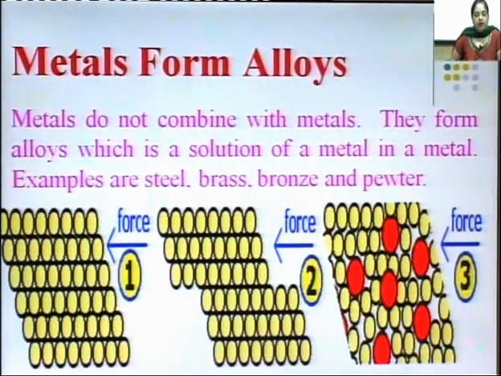Metals form alloys. Metals do not combine with metals; they form alloys, which are solutions of a metal in a metal, for example steel, brass, bronze, and pewter.